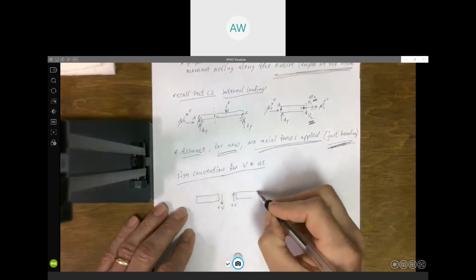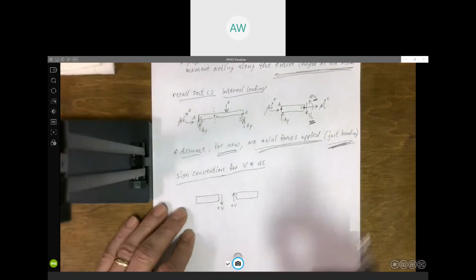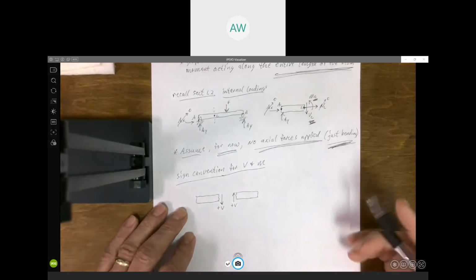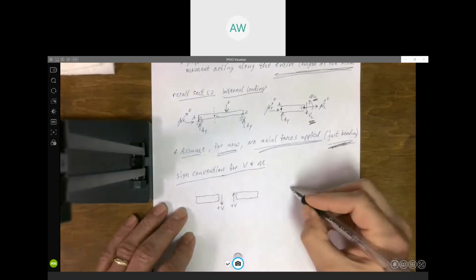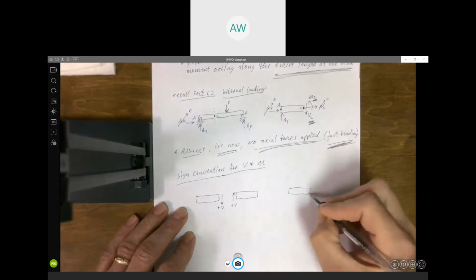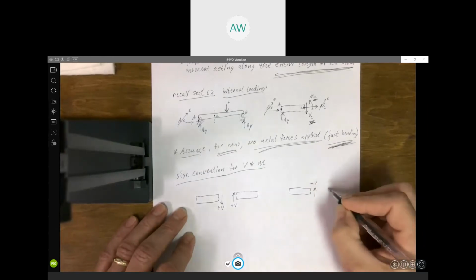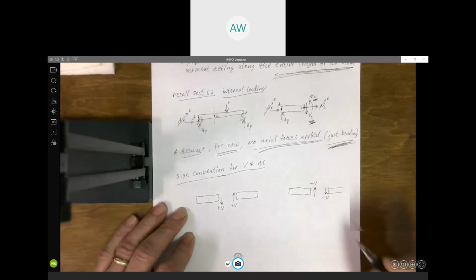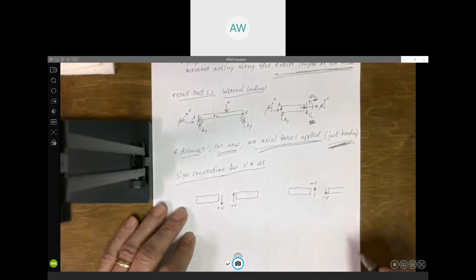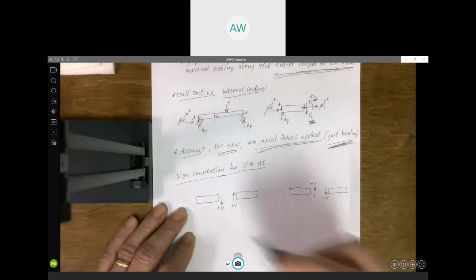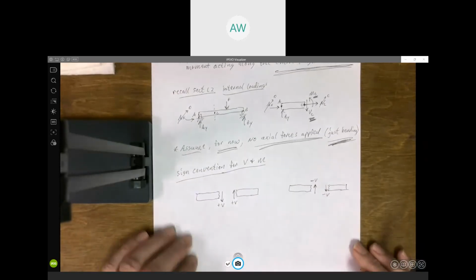So that would be what we define as the positive direction for the shear force. And if it goes the opposite direction, so if V goes up here, it would actually be negative. And on that one, it would go down. So that's what we're going to define as the positive direction for shear force.